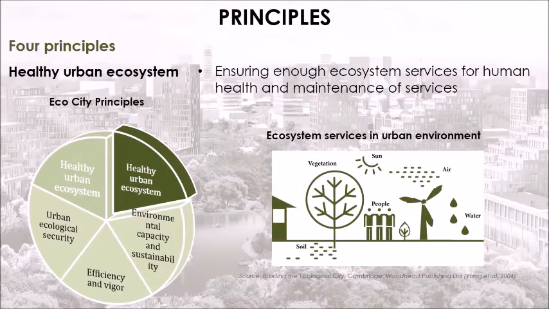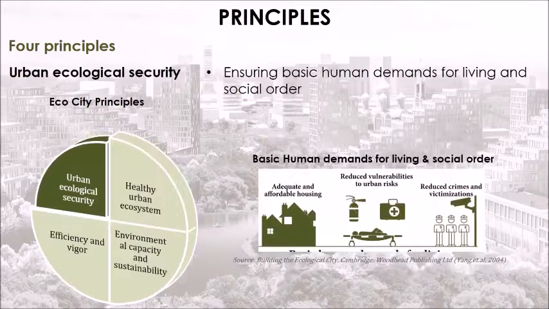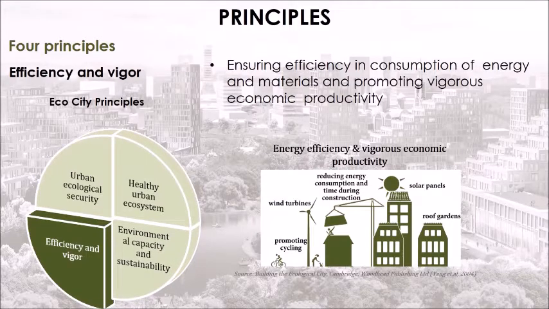Now, what are the principles of this approach? There are 4 eco-city principles. One is a healthy urban ecosystem, that is ensuring enough ecosystem services for human health and maintenance of services; urban ecological security, that is ensuring basic human demands for living and social order; then efficiency and vigor, ensuring efficiency in consumption of energy and materials and promoting vigorous economic productivity.